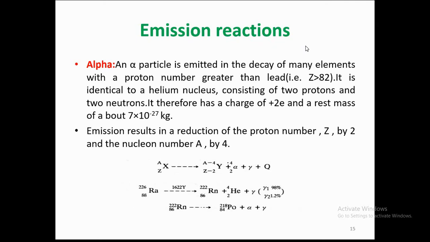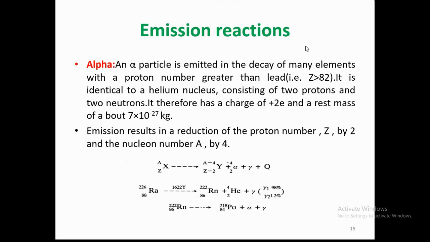Moreover, due to having two protons, its charge is also high, and it is positive too. Up to now we can conclude that alpha particles have two main properties: one is high mass, and the other is high charge.